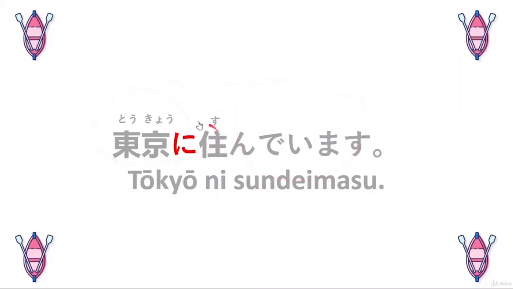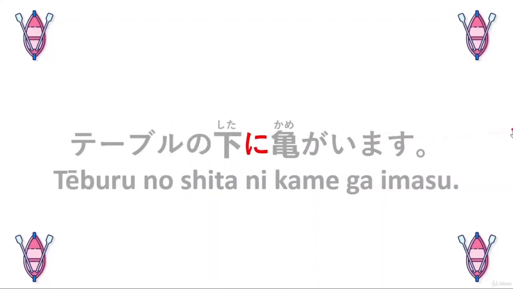So when we use it again as a location particle, we are located there, we live there. テーブルの下に亀がいます。テーブル table, 下 under. So under the table 亀がいます。There is a turtle under the table. So it's also as a location particle.